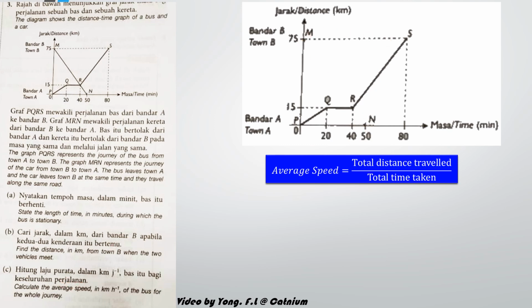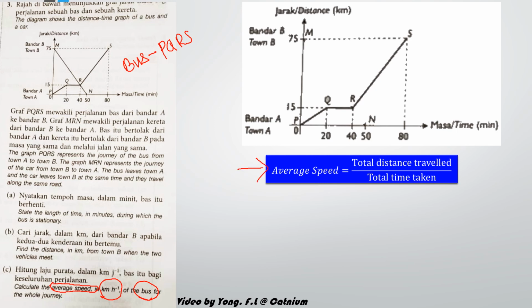Apa kehendak soalan? Okay. So let me write for you, highlight for you. So the need of the question is they want the average speed in kilometers per hour for the bus. Okay, for the bus. The bus is actually the line PQRS. Okay, so now the formula is already here.